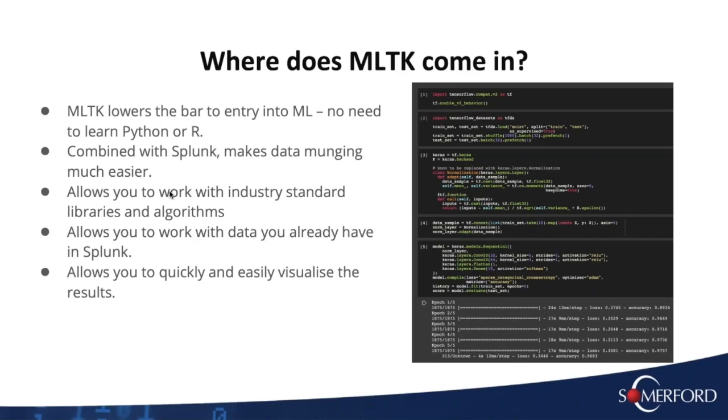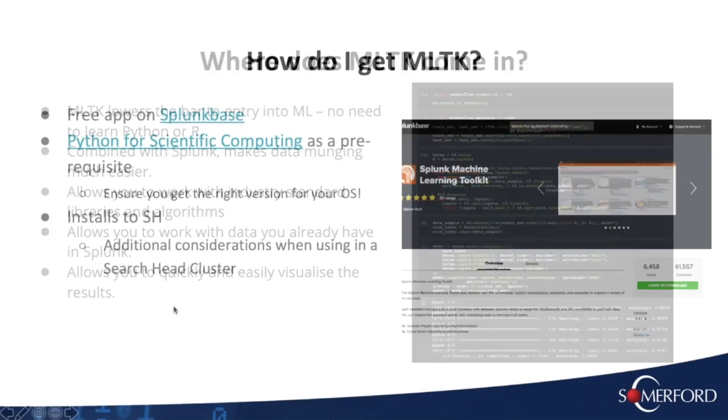So you can actually do that filtering and munging of your data to make it fit most effectively with the machine learning element in Splunk. And yes, that's the other bullet points there. I'm not going to go into any great detail, but it allows you straight away to work machine learning with data you already have. And as we all know, Splunk is all about visualizing your data.